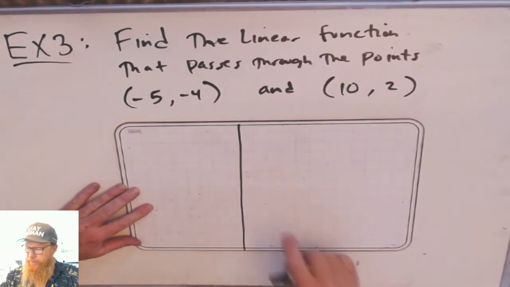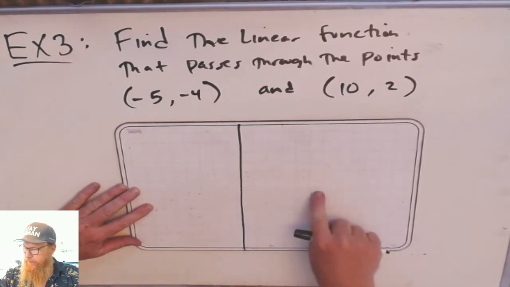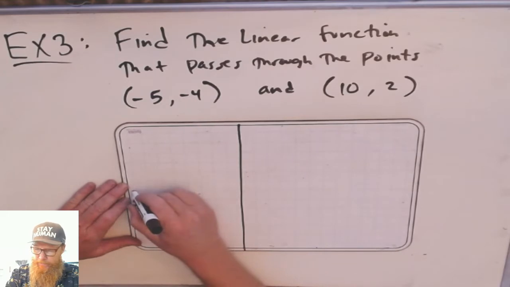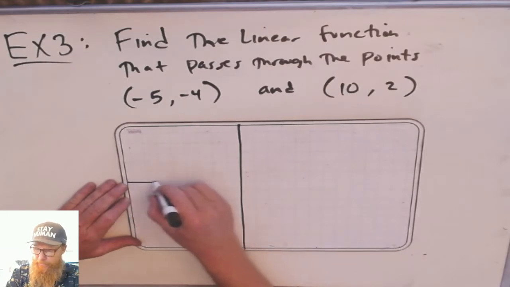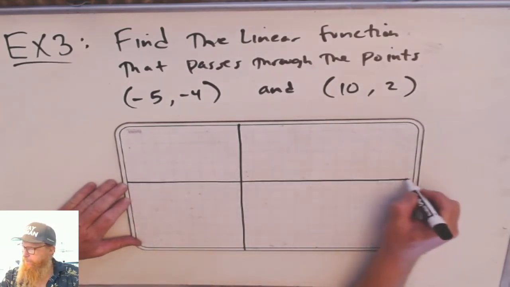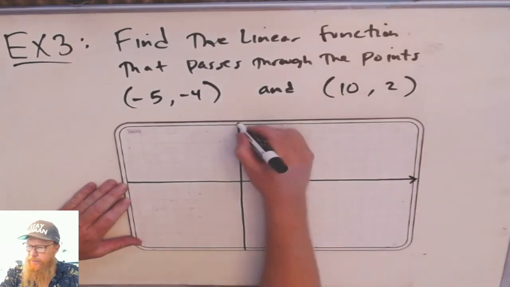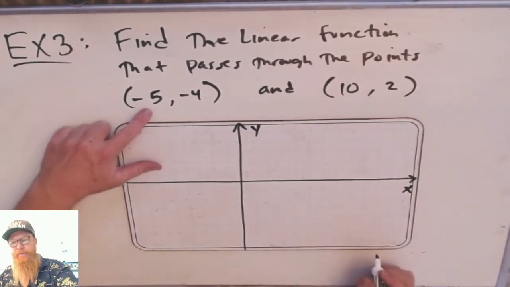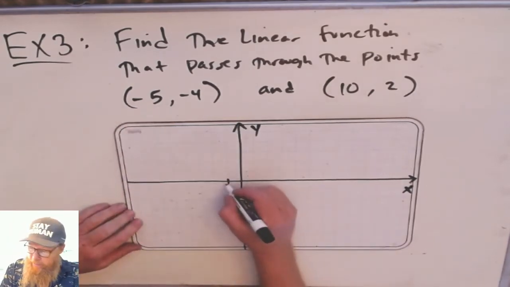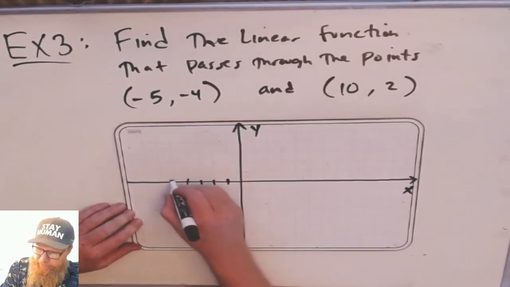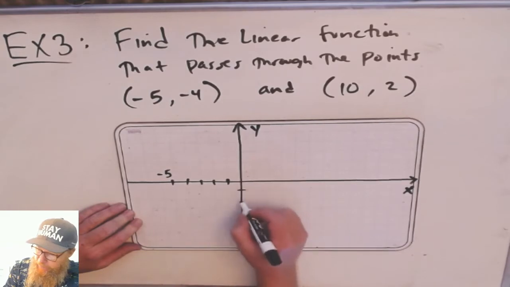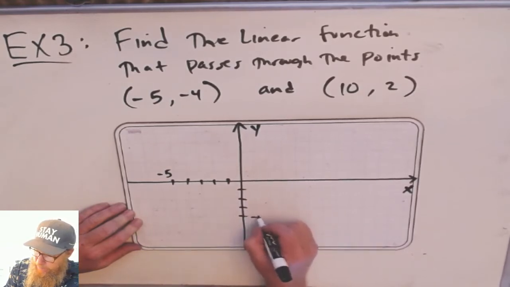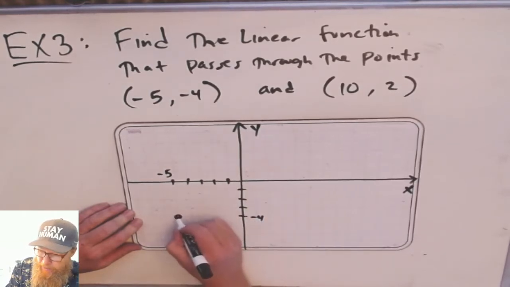So let's start off with a graph. So I've got -5, -4, right there.